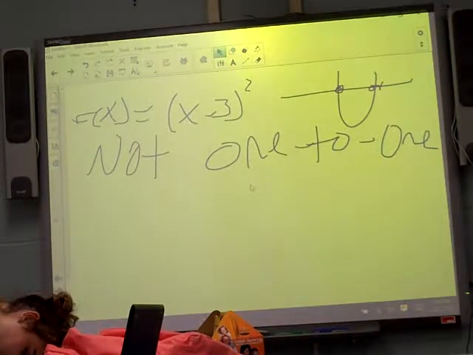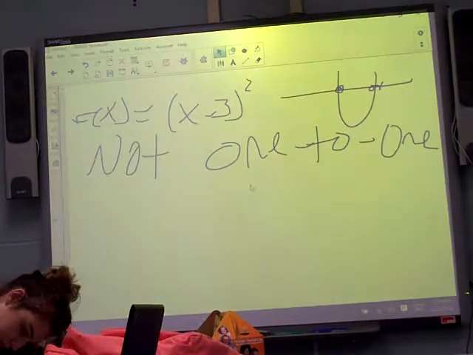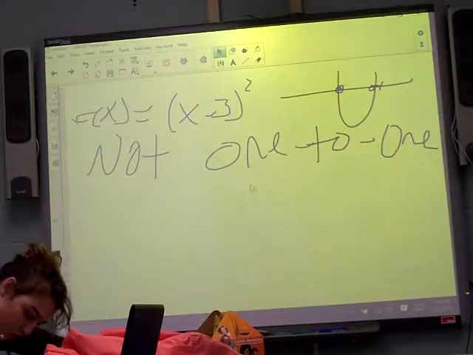Alright, so the last one that we got to look at is find the inverse on a graph. So I got to write on the graph paper up there.